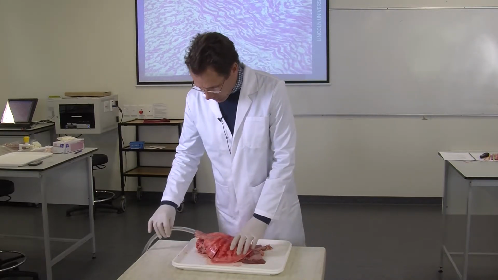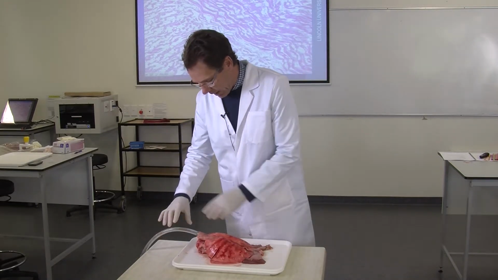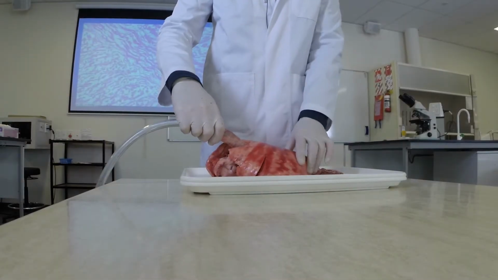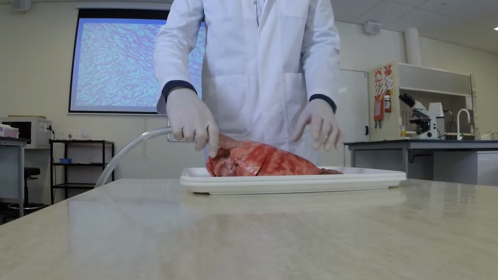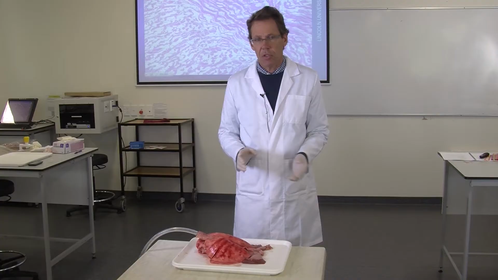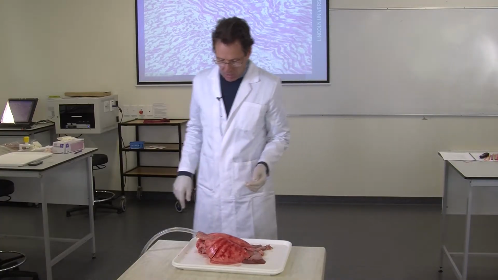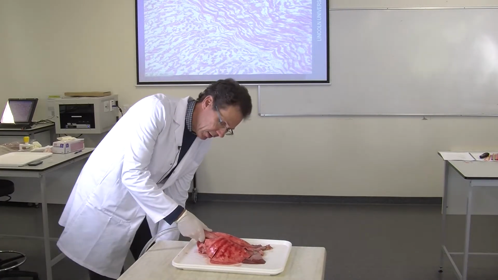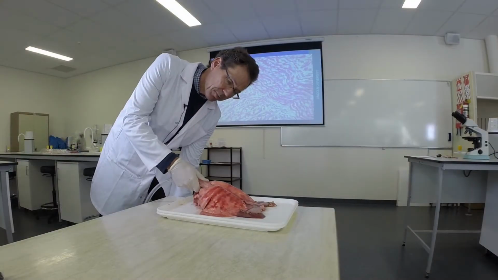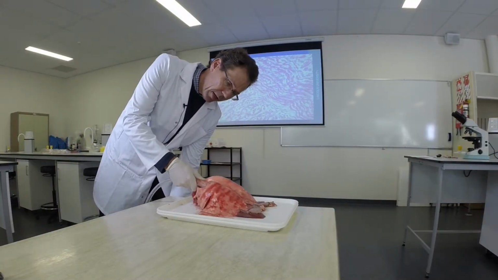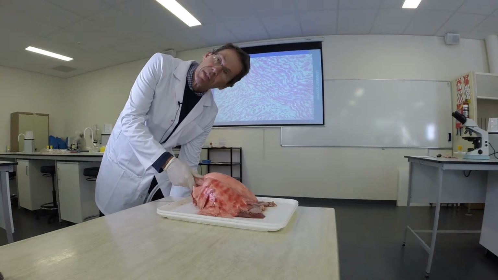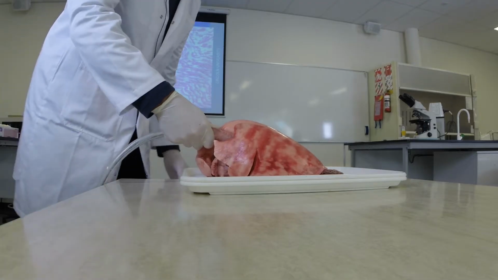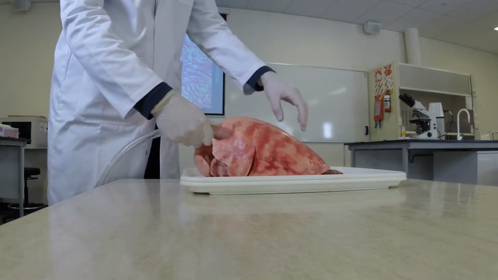So I've got here a tube connected to a gas cylinder, and the tube is in the trachea. So I'm just going to blow these lungs up to the sort of size that they would be naturally inside the animal. So when they're collapsed, they are probably less than half the size that they would have been.